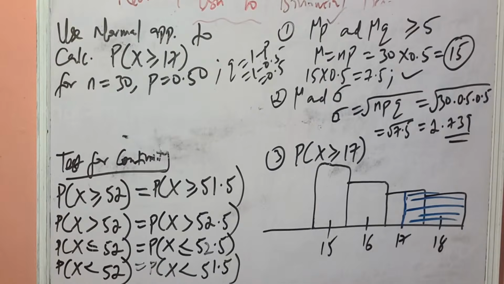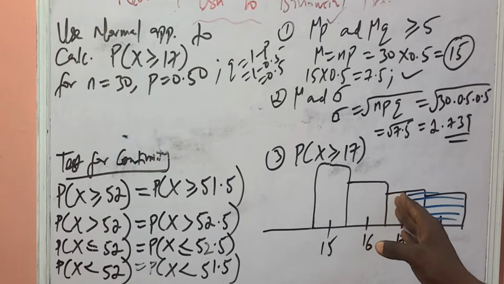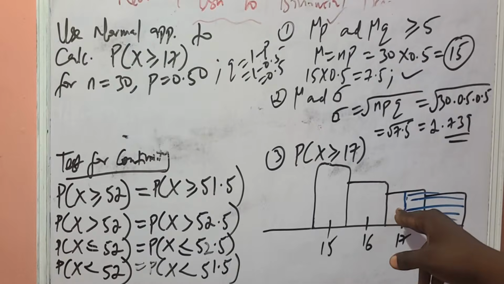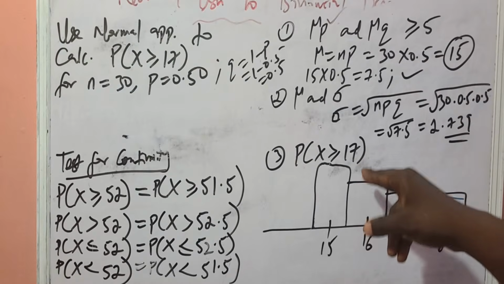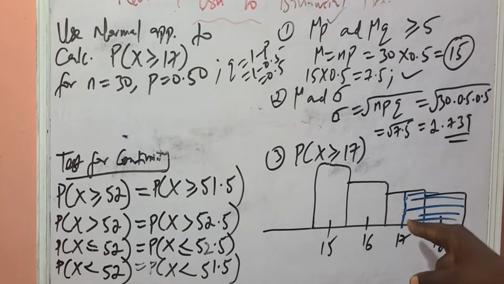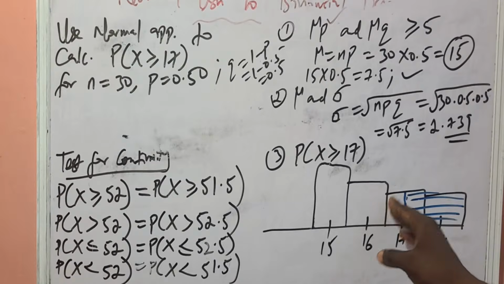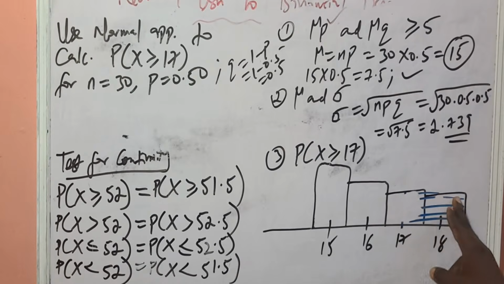You can see that you are excluding a whole half of the bar for 17. That's the reason why, in our previous question, the answer we got when we did not do the correction for continuity wasn't very nice, because you will be eliminating a good portion of the area you're supposed to have. So that's why we have to test for continuity. Another way to see this is, let me draw the little curve right here that produced this.